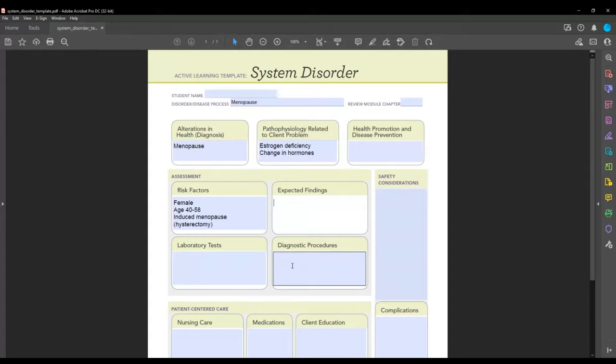Okay, so Samaya already guessed for us hot flashes and night sweats. Dryness, yep. What other symptoms would you think that they would tell us about?